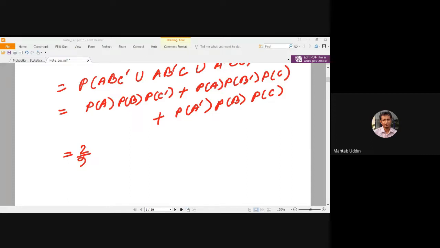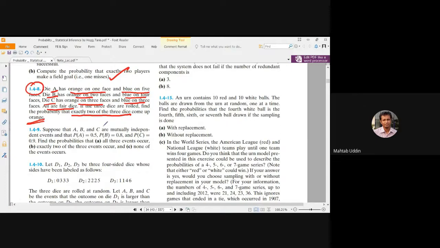Okay. Now, try to understand the second question. What does number 9 say? Tell me what we should do. So A, B, C are mutually independent events.